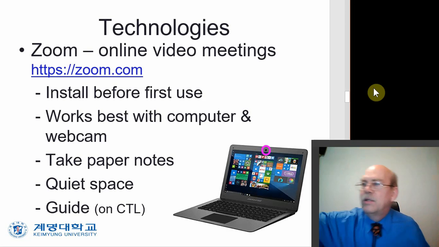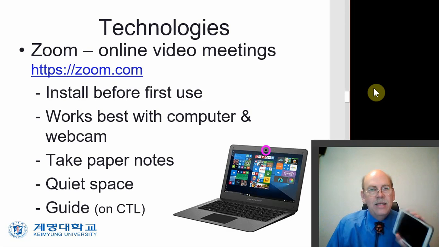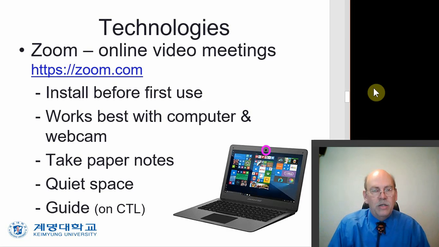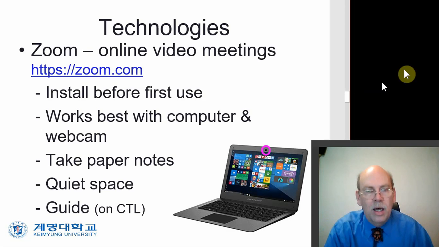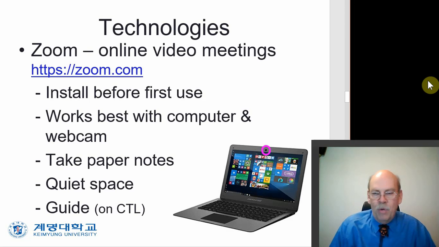But the problem is the Android operating system has less facilities, less choices, doesn't have all the tools. And the same with an iPad. The iPad works and has a camera, but it has less options for things to do. So a notebook computer or a desktop computer with a camera is your best choice.